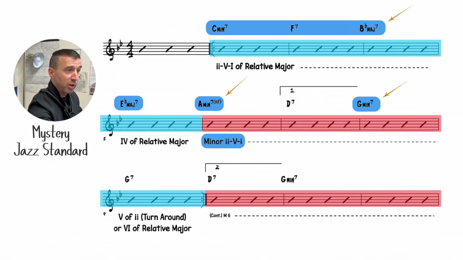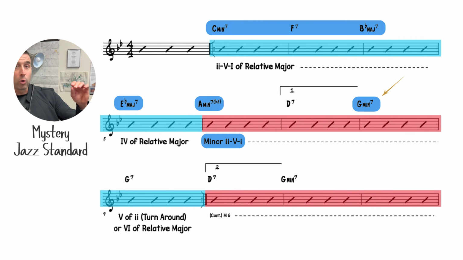Similarly, this E flat major 7, like we already said, is the 4 in the key of B flat major. It is the flat 6 chord in the key of G minor. So if we keep going in our G minor, we've got our 1, 2, 3, 4, 5, 6. So it's our diatonic 6 chord.